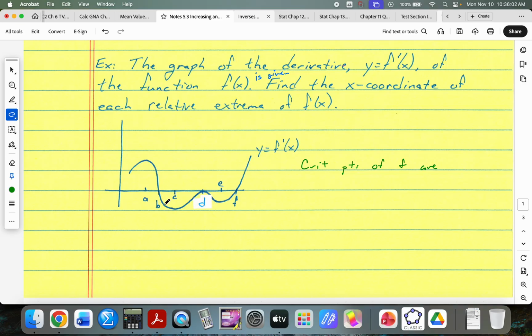Well, f prime appears to exist everywhere on this interval that it's shown, but the three critical points will be x equals b, x equals d, and x equals f. Those are the places where the derivative is equal to 0.